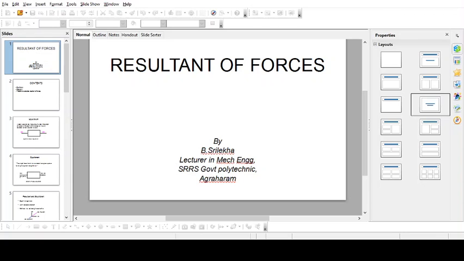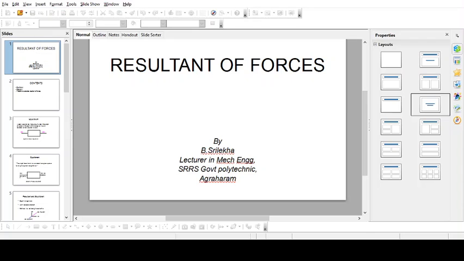Next, we also discussed the triangle law of forces. If two forces acting at a point are represented in both magnitude and direction by two adjacent sides of a triangle, then the resultant is represented by the third side taken in opposite order. So this was the triangle law. After that, we discussed the polygon law of forces.